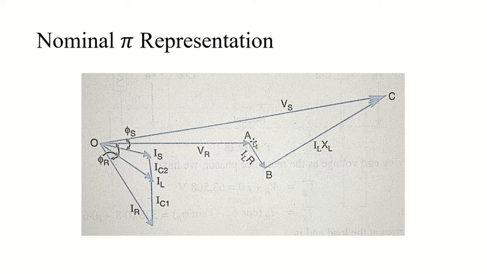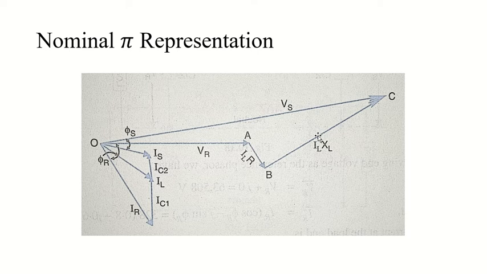The resultant of these two will look something like this. And to find VS, we sum that drop with VR. This plus this, and we are left with VS, right? So that is how we plot VS, and we represented it with OC here.